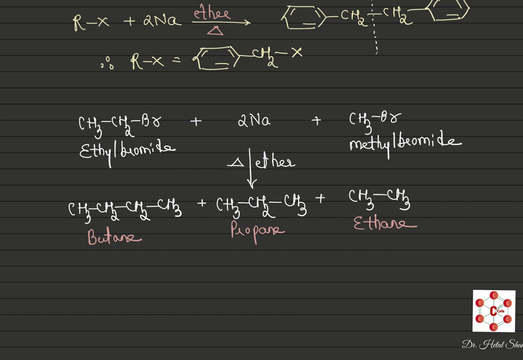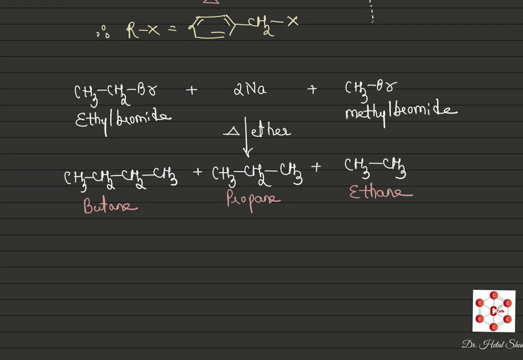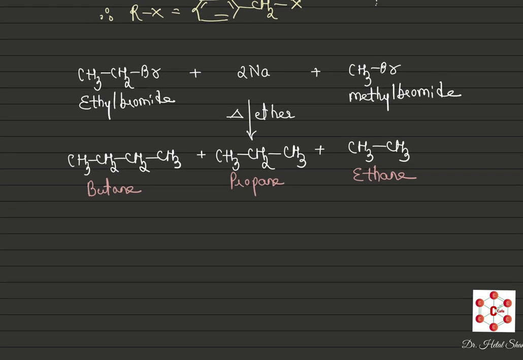If you want an alkane with an even number of carbons, maybe you manage it, because there you will have to use only the same kind of alkyl halides. But if you want an alkane with an odd number of carbons, you may have to use two different types of alkyl halides, and in that case you may not get a pure product. You may end up getting three products. Do you understand this?